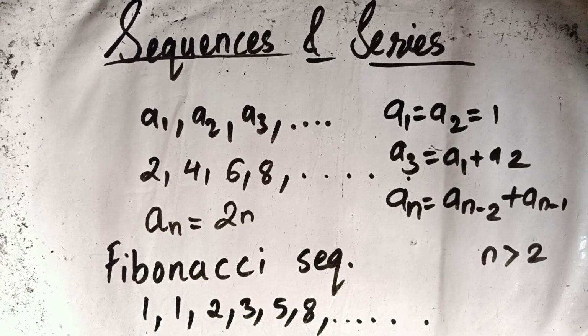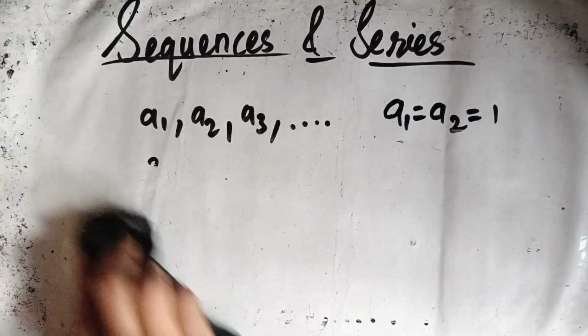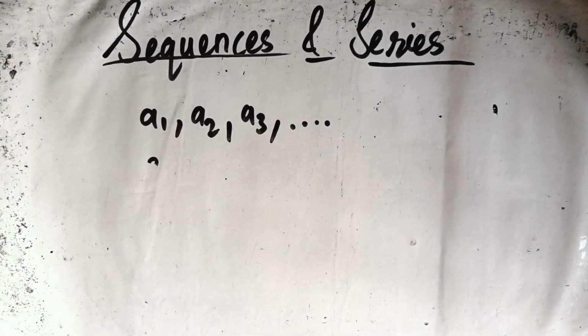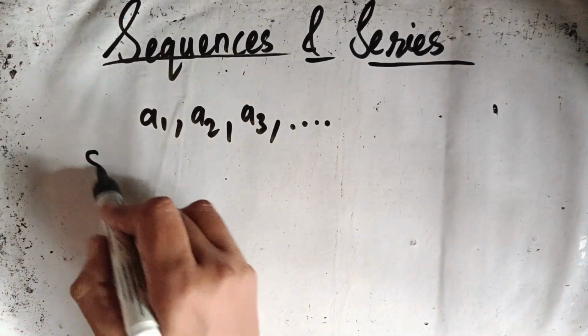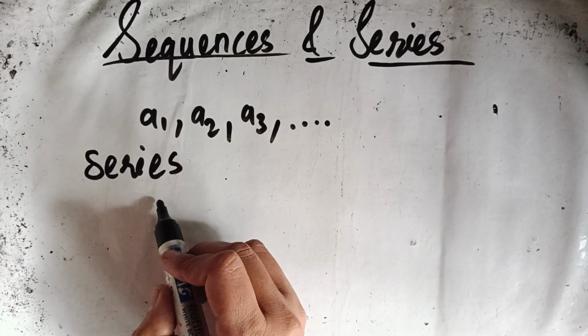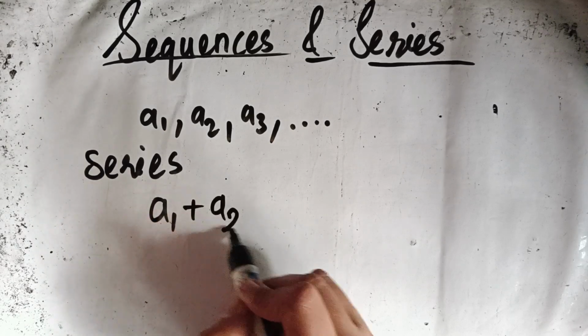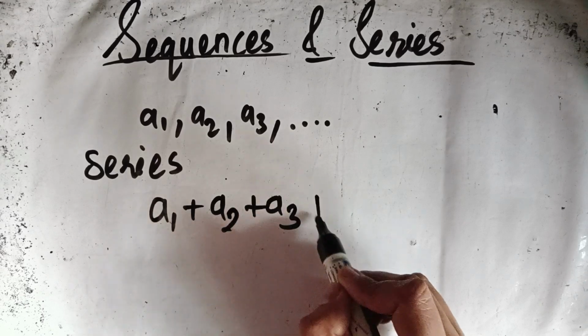Then after sequence, we go for series. Series is you have to add all the numbers, okay, in a sequence. So suppose this is your sequence, then series is also finite or infinite. So series is an addition, A1 plus A2 plus A3 and so on.